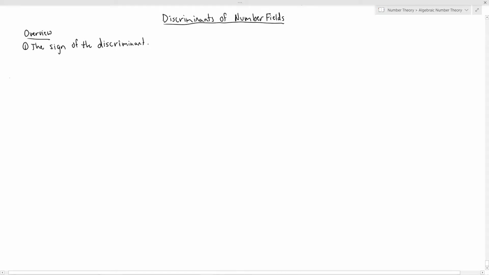And the second thing I want to talk about is something called Stickelberger's theorem. So this essentially tells you the value of the discriminant mod 4.